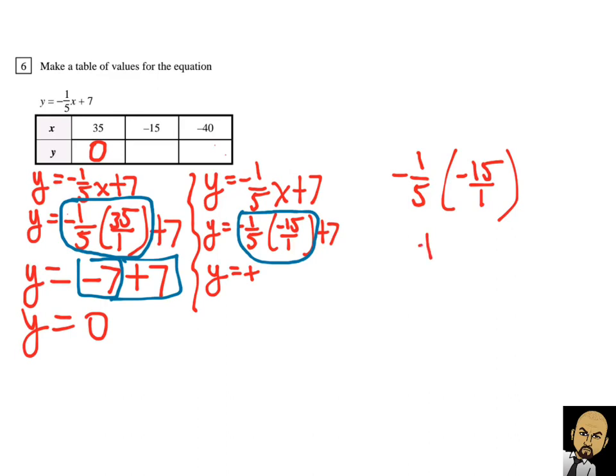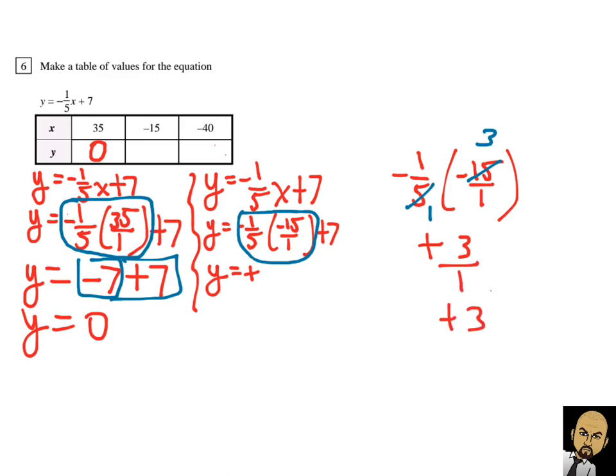Well, a negative times a negative is a positive, and you can see that the 15 and the 5 have a common factor of 5, or as you call it, you can cross cancel. 5 goes into 15 3 times, and you end up with negative 1 times 3 on your numerator, and 1 times 1 on your denominator.